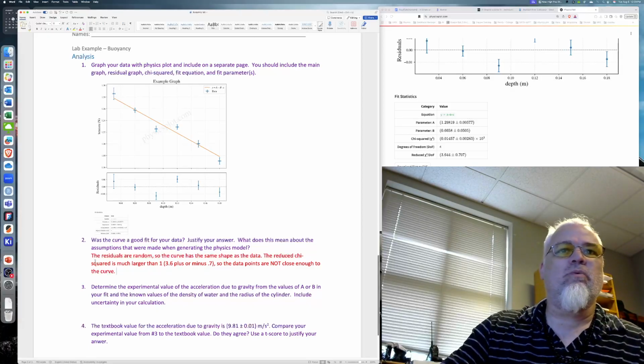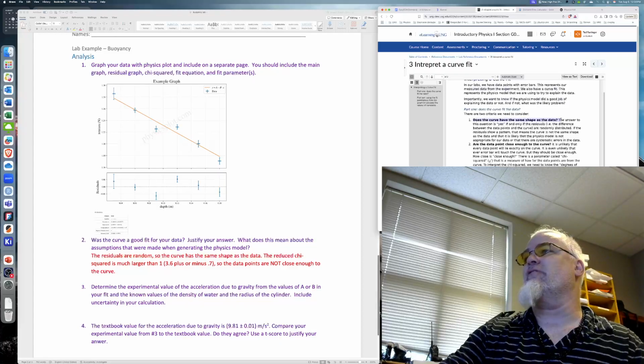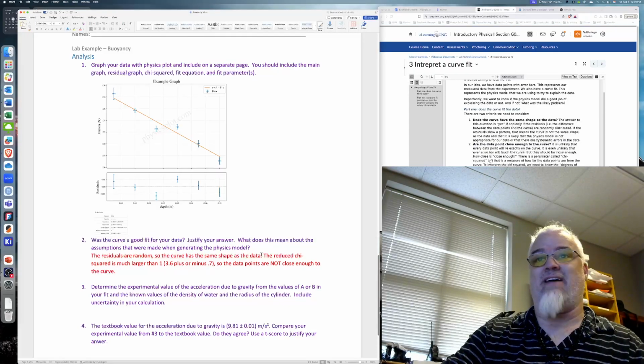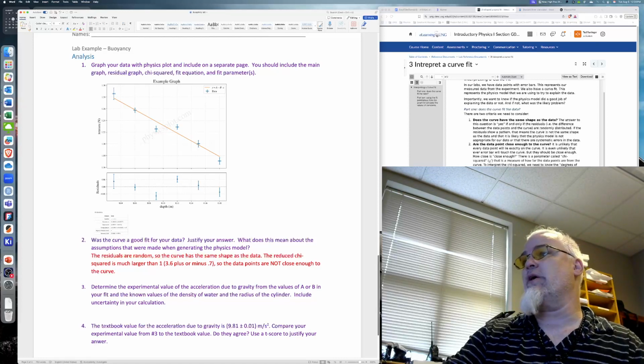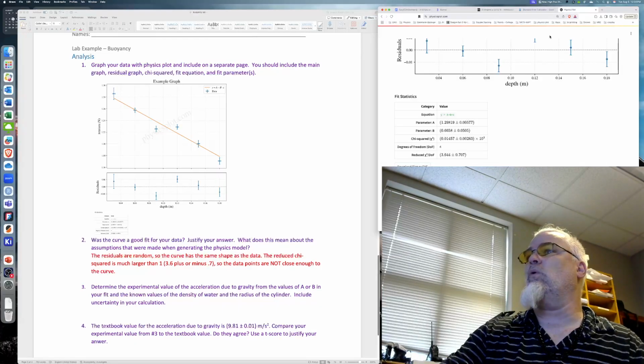Okay, so 2 criteria that we're looking for. Does the curve have the same shape as the data? And are the data points close enough to the curve? The curve does have the same shape because the residuals are random, but the data points are not close enough because the reduced chi-squared is too big. We could also look at the chi-squared. Notice this says times 1,000.